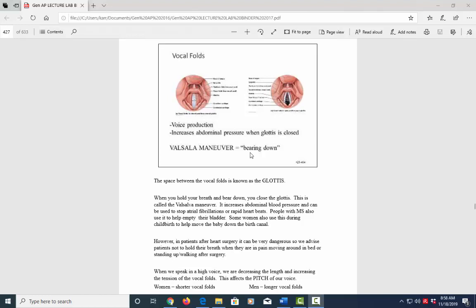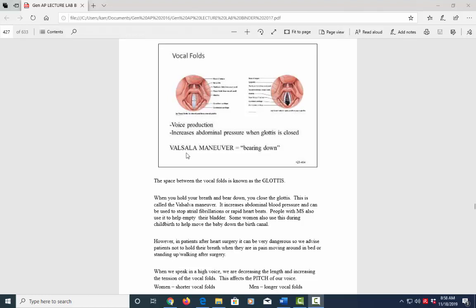So that's useful when someone has really high heart rates and they want to control their heart rate. They can bear down by closing the glottis and trying to force air upward, but preventing it by closing those vocal cords. So it's important to know that procedure, but also if a person already has a low heart rate, they don't want to be bearing down, because that can drop their heart rate really low and cause them to pass out. So that's dangerous.